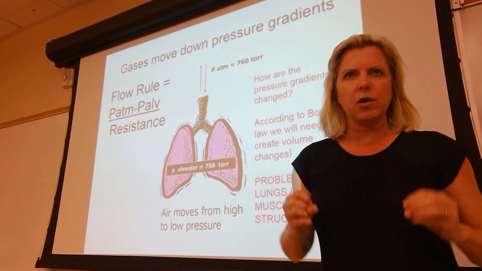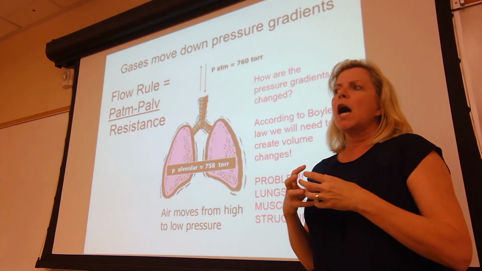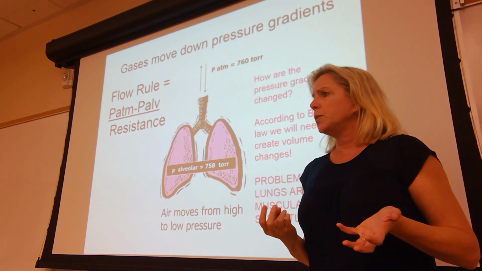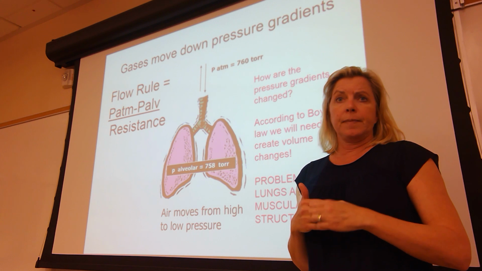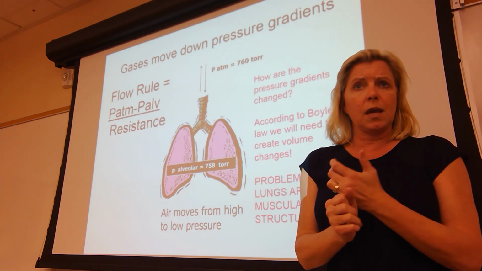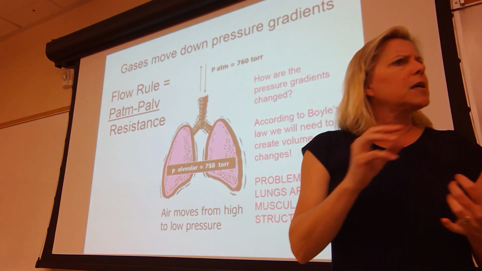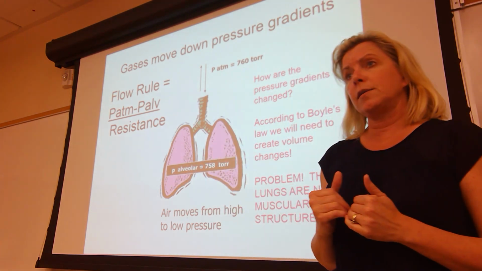Atmospheric pressure, gas pressures, not fluid pressures like we learned in Unit 3, not voltage gradients like we learned in Unit 2. And resistance is in the denominator again. Now in Unit 2, resistance came in the form of size of the axon. Is the axon myelinated or not? Are gated channels open or not?